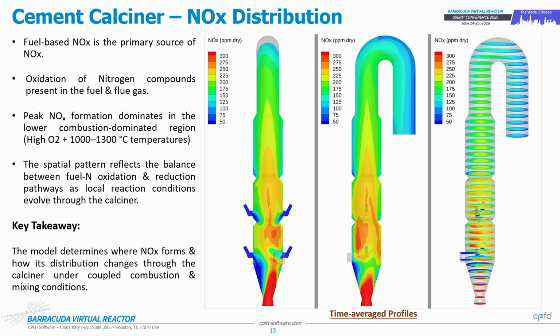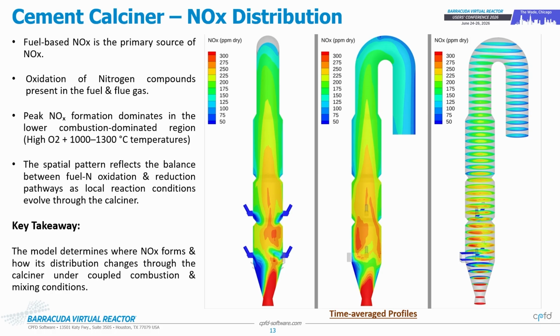And then these cross-section contours essentially show the spatial balance between both the NOx formation and the reduction mechanisms, because as you see higher up in the calciner, the NOx is actually being reduced, because there is a NOx reduction reaction where the CaO is acting as the catalyst.